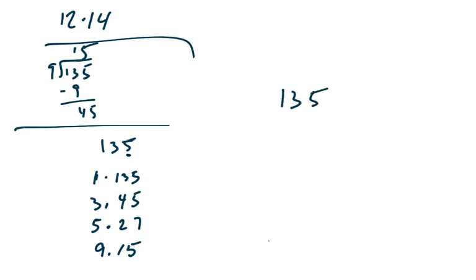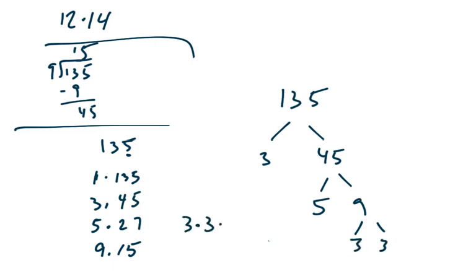What I'm doing a lot of times, in all honesty, is, I know the question is not asking us to do prime factorization, but if you do break it down to the prime factors, you're going to get 3 times 3 times 3 times 5. And what I want you to realize here is that all of the various ways of combining 3 times 3 times 3 times 5 gives me all of these factorizations, right?